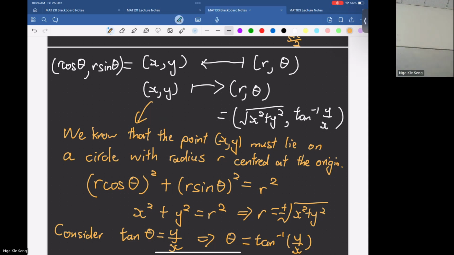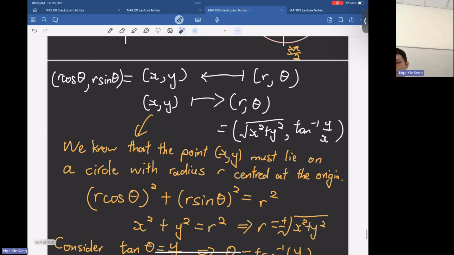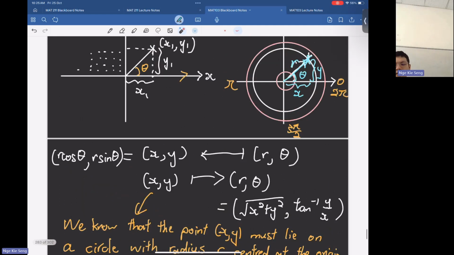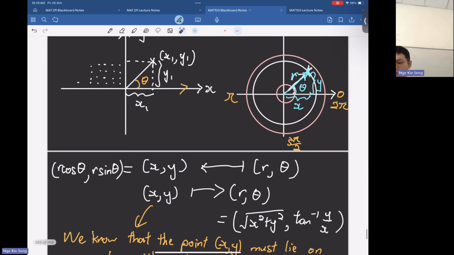Any question so far? Yes. Can x be zero? Yes, x can be zero. So we need to define the points on x equals 0 separately in that case.